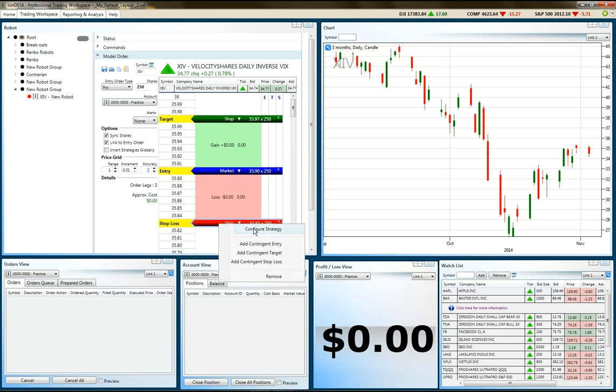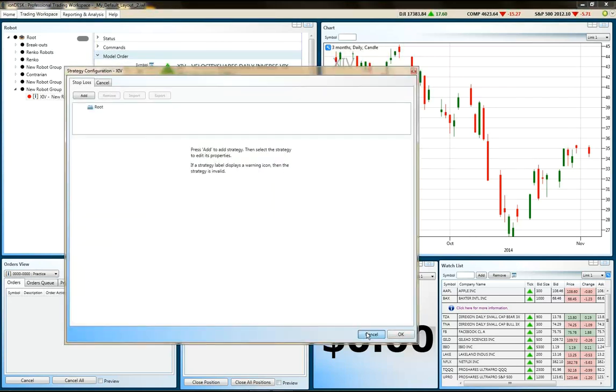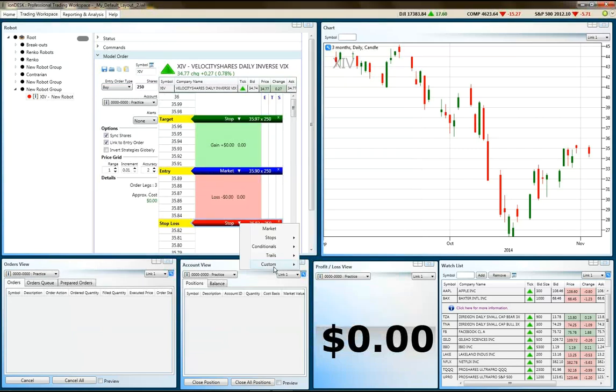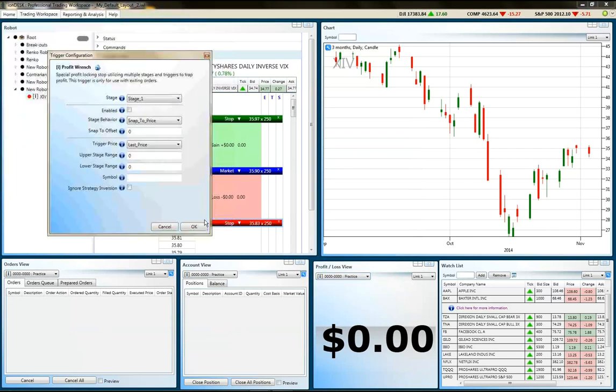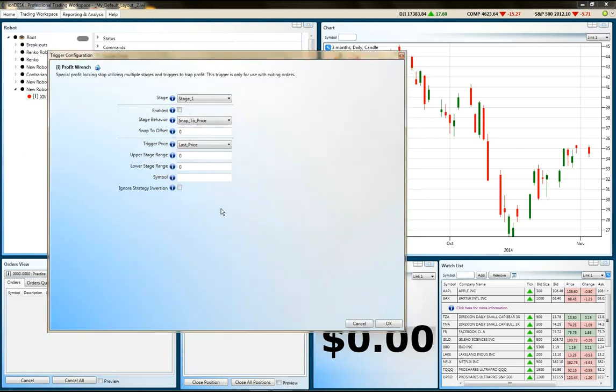We could right click and add a strategy to our stop, or we can add a custom trigger. For instance, we've got this thing called Profit Wrench, which is pretty interesting. Now I want you to follow this concept with me. The entire concept behind the Profit Wrench is to allow you to set up ranges of behavior.